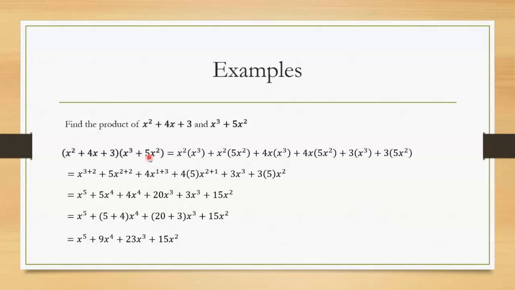Notice also that when you multiply, you add the exponents like so. You multiply the coefficients, and of course, you will have to combine like terms if necessary. We saw from the examples that that's not always going to happen, but sometimes it will.